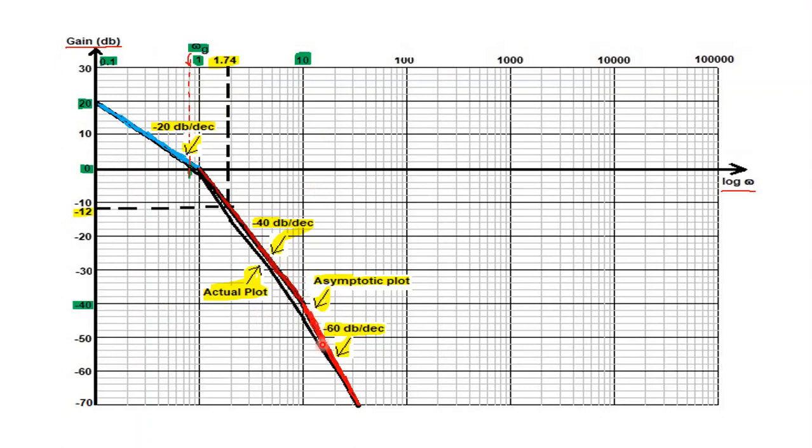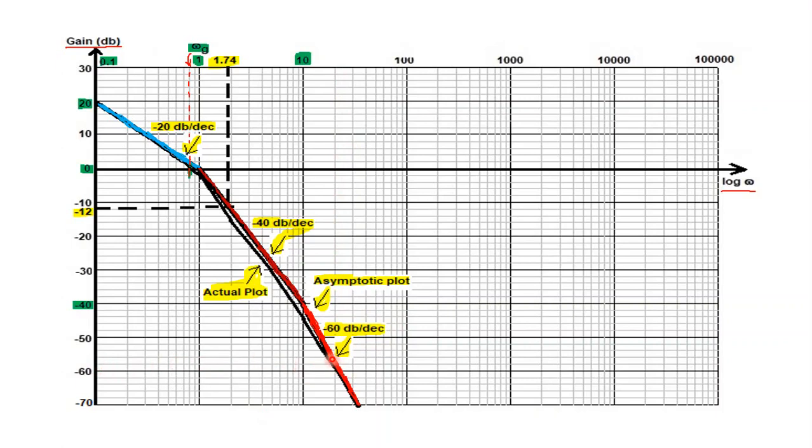Then after 10 it is minus 60 dB per decade because the third factor is also contributing. Anyway at 100 we don't have anything here. However, we have already seen minus 60 dB per decade is equal to minus 18 dB per octave. That is, at 10 it is minus 40, so at 20 it is minus 40 minus 18, which is minus 58.